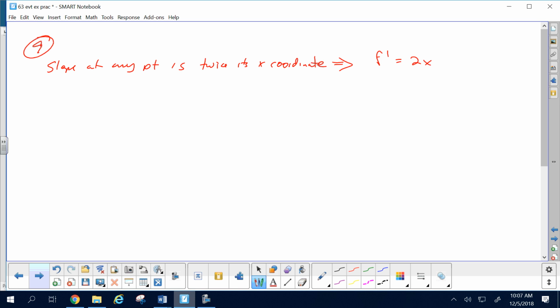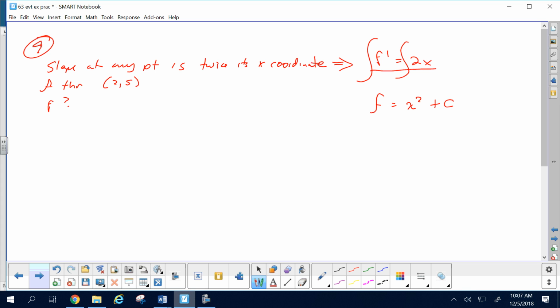Cool. Okay. F passes through 2, 5. Now let's start here. If I have F prime and I want F, what should I do? Integrate. If I integrate, F is the antiderivative of 2x, which is x squared plus c.